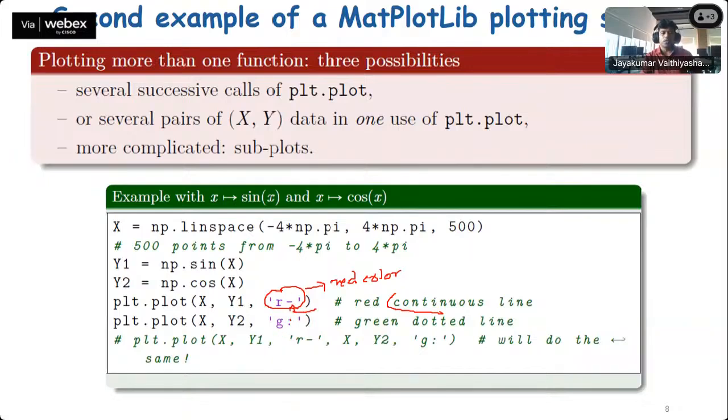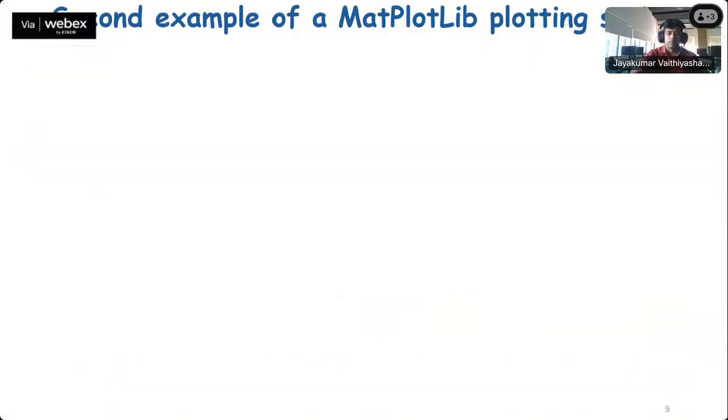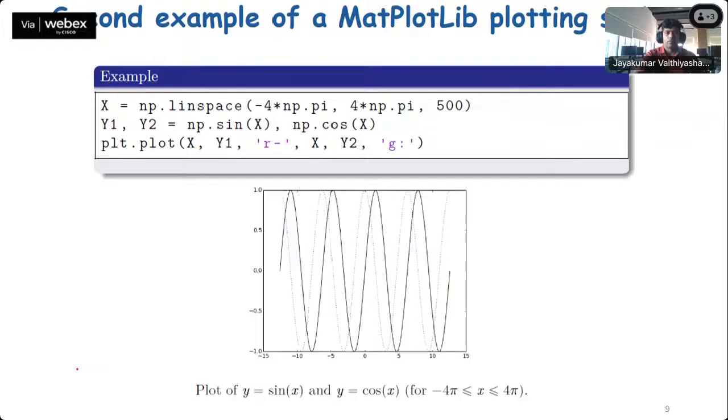Here we are using dots for the cos function, with green color. So this is how you get the continuous sine function displayed in red color, and the cos function displayed as a dotted line in green color.